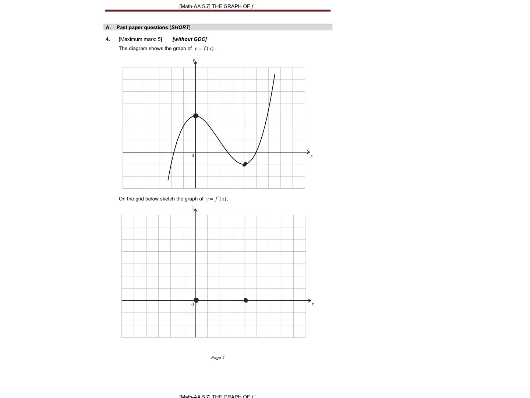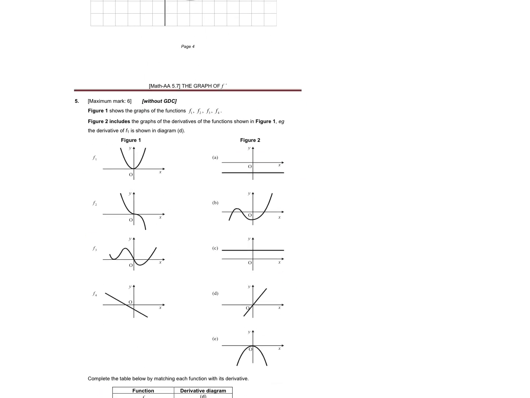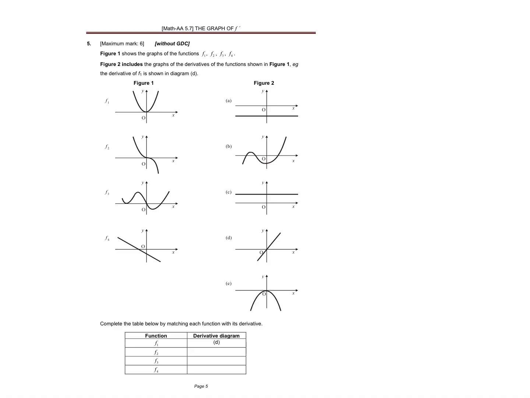And when the gradient is positive, that's above the line. So these all have gradient above the x-axis, like here. And when it's negative gradient, it's below the x-axis. So something like that.